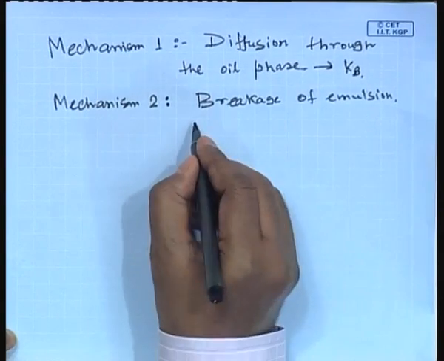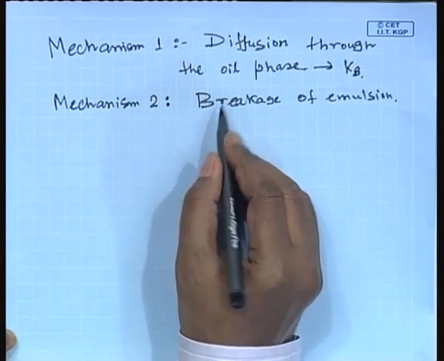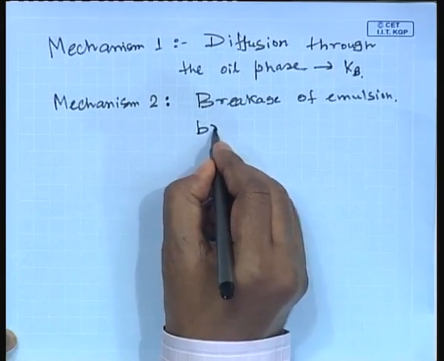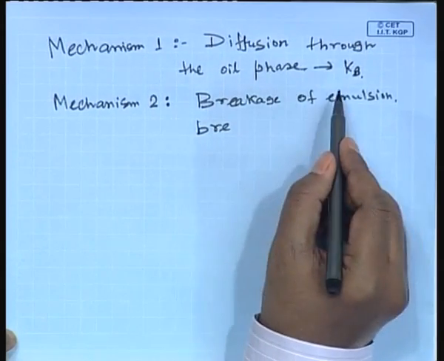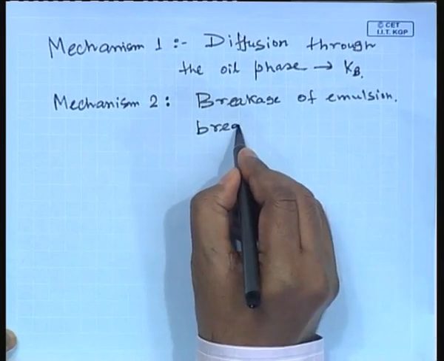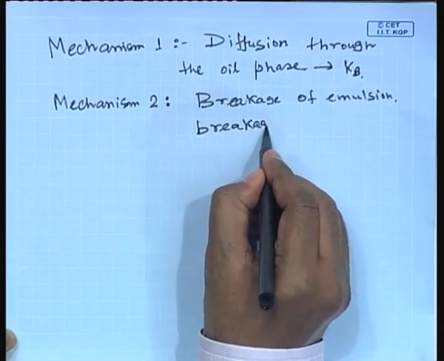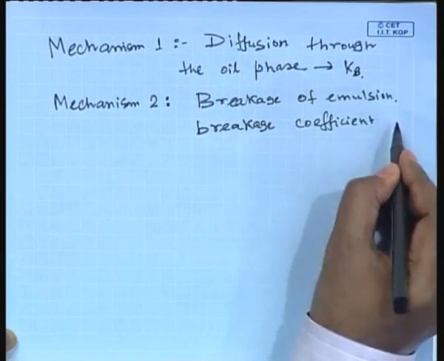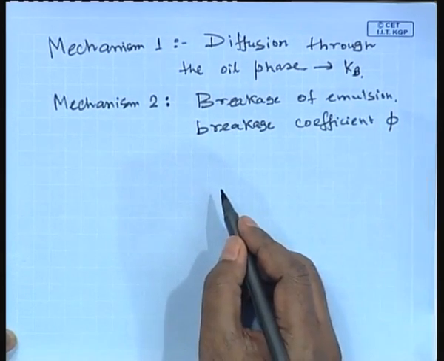This breakage is quantified by a breakage coefficient denoted by phi. Like the diffusion is quantified by a mass transfer coefficient, similarly the breakage is quantified by the breakage coefficient phi.